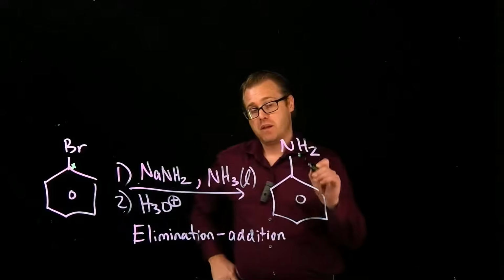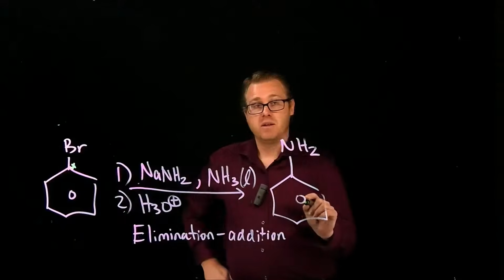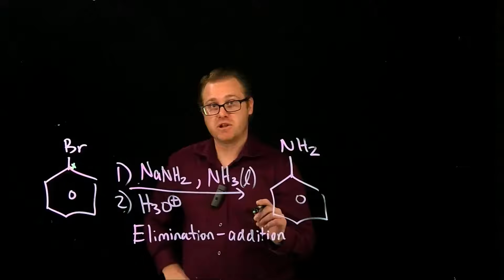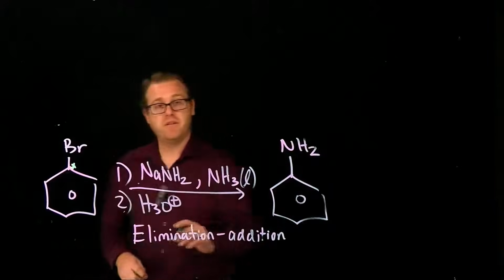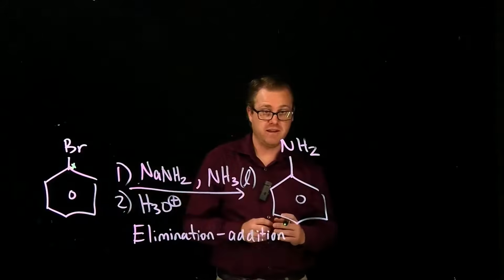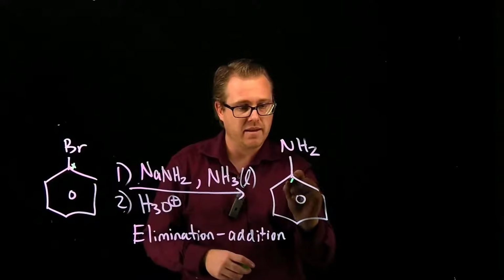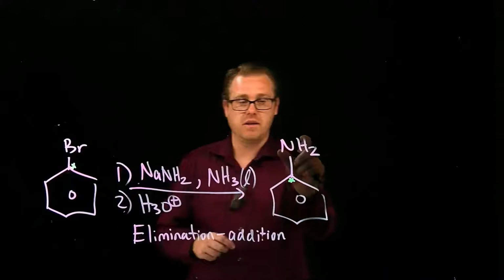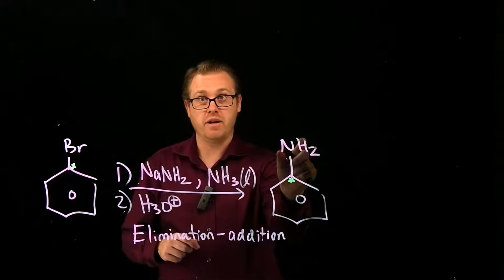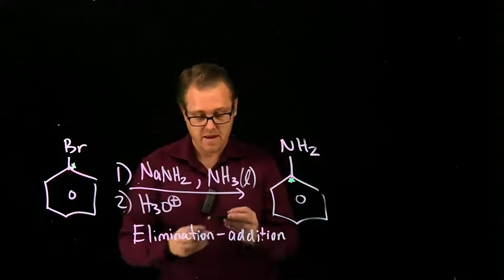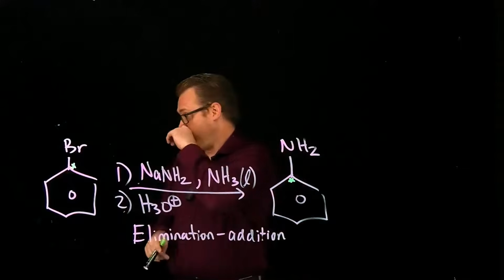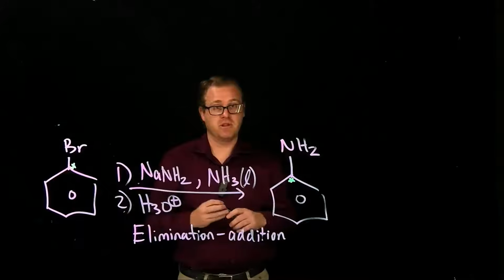If this reaction did the nucleophilic aromatic substitution mechanism, we would only get this product. The nitrogen or the amine would replace or substitute the bromine. Okay? That's if we use the nucleophilic aromatic substitution mechanism.